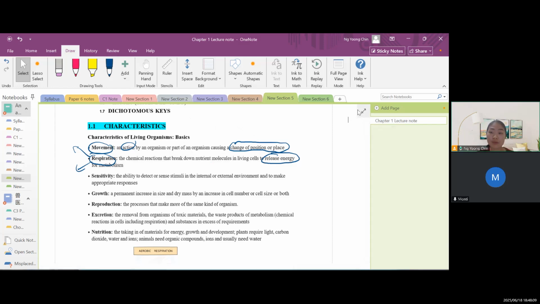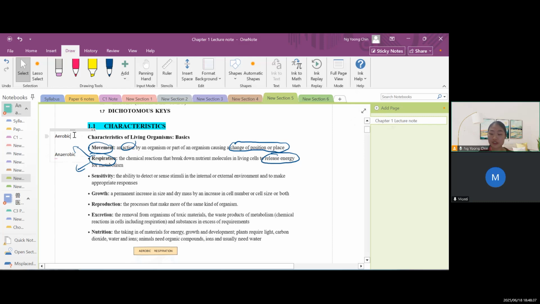For your information, there are 2 types of respiration. The first one is aerobic respiration. Have you heard about this? Aerobic respiration and anaerobic respiration. I don't think I heard of it. Yes, definitely. In humans, we do aerobic respiration, because this respiration happens in the presence of oxygen.